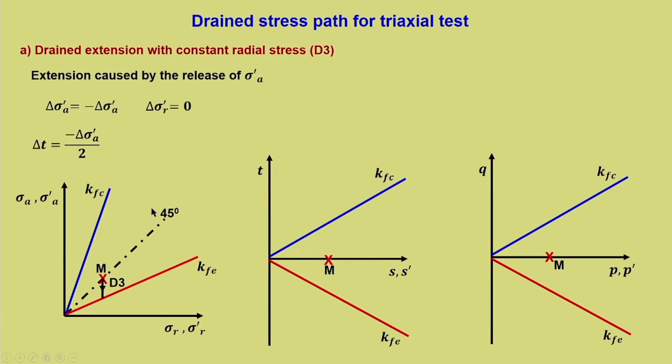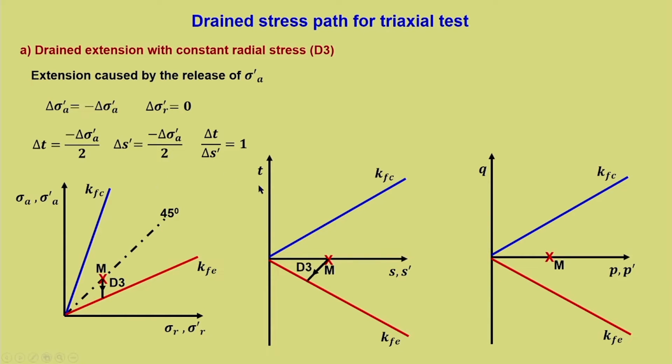Now, how will it be in the T-S' plot? So, delta T is equal to minus delta sigma A' by 2, delta S' is equal to minus delta sigma A' by 2. So, both delta T and delta S' are changing towards the negative direction, but the slope is 1. The sign of this slope and the sign of the individual stress parameters also need to be considered.